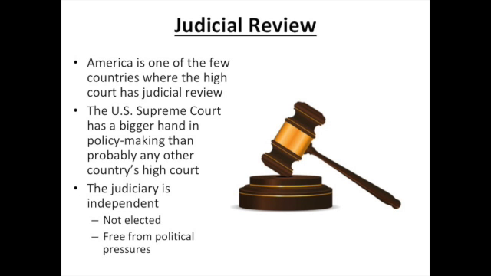So as a result, the U.S. Supreme Court has a very, very big hand in policy making compared to other countries' court systems, because any law passed by Congress, if it's challenged by somebody and it makes its way through the court system, the Supreme Court can have a say in that law's validity or constitutionality. They can strike it down, or they can uphold it, or depending on how they word their opinion, maybe they can even strengthen that law to a degree.